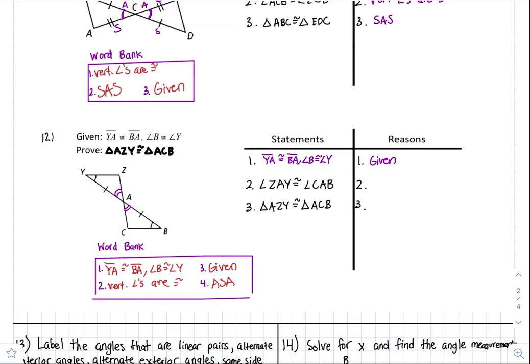So, why are those congruent? Because they're vertical angles. Vertical angles are congruent. And lastly, why are these triangles congruent? That angle is congruent to this angle, this side is congruent to that side, this angle is congruent to that angle. Angle, side, angle.